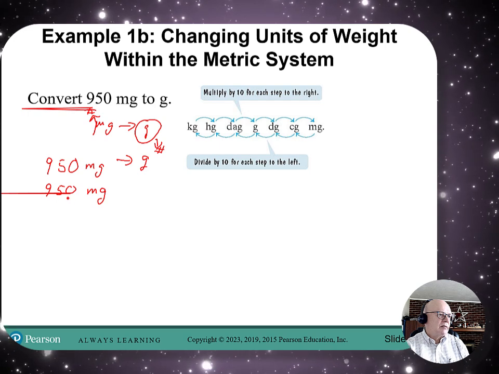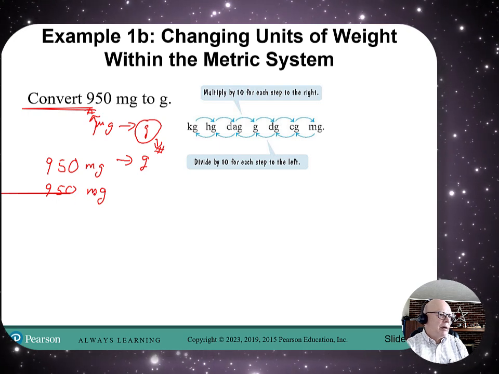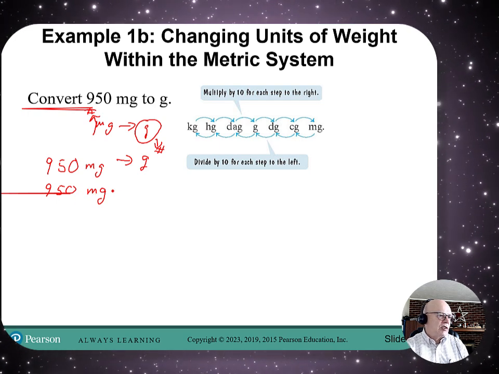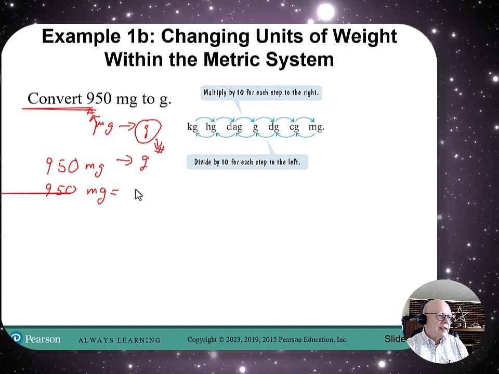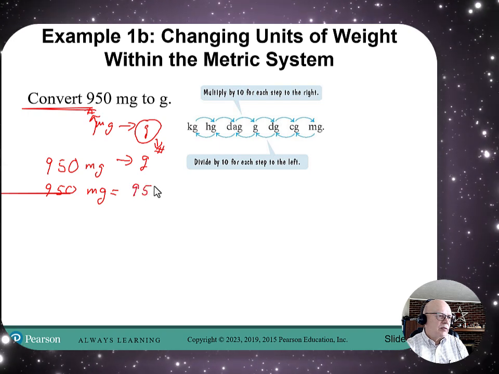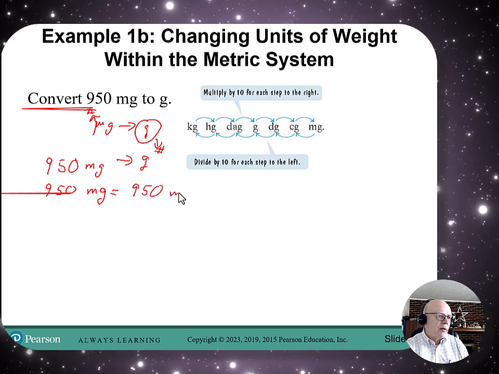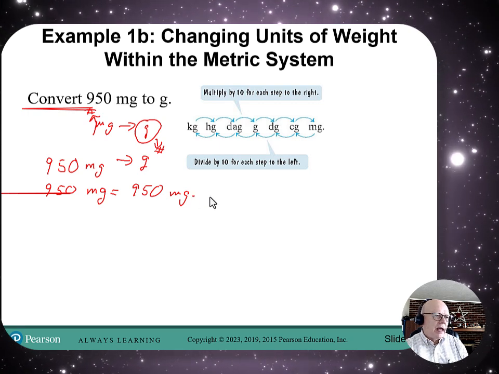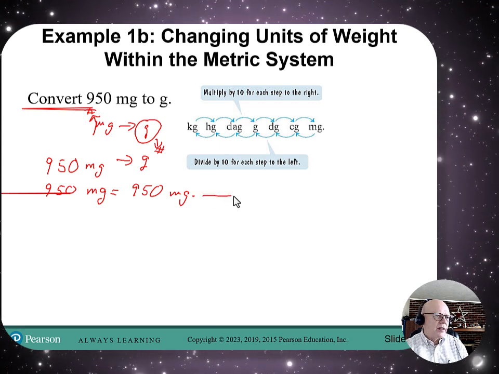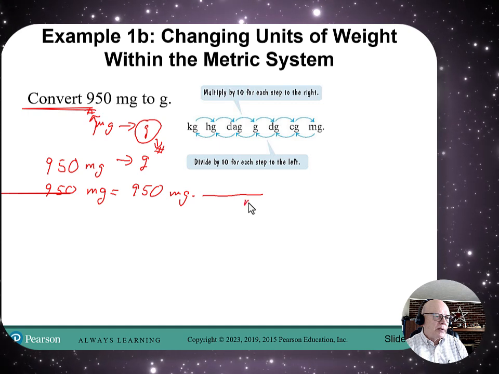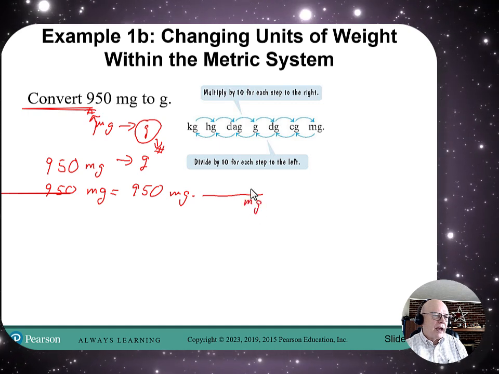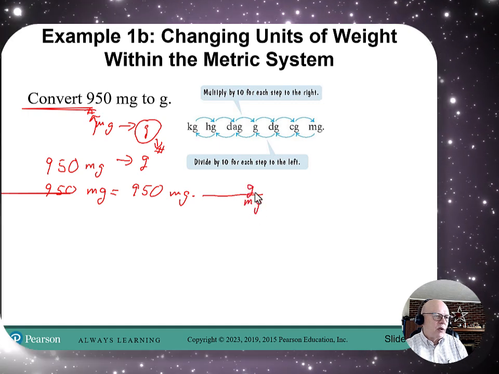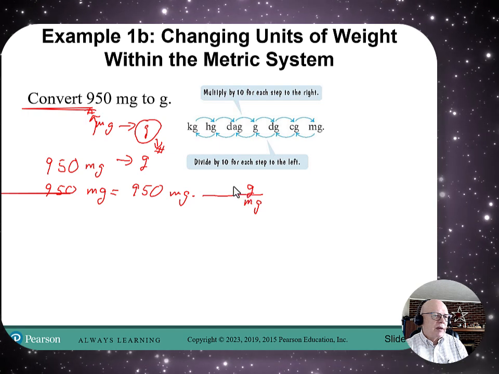Now, 950 milligrams. A milli means 1,000th. So, one way of doing this is 950 milligrams. Again, we'll use the unit, and we want to get rid of the milligrams. So we'll put milligrams on the bottom. We want to end up with grams, so that'll go on top. Which one is larger?